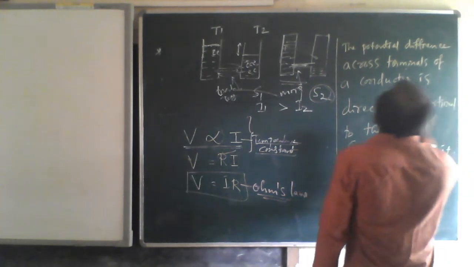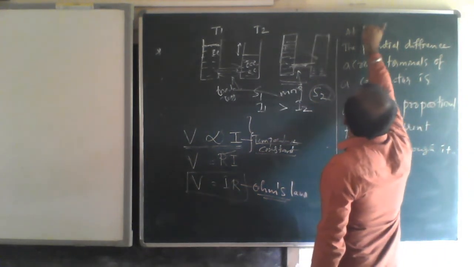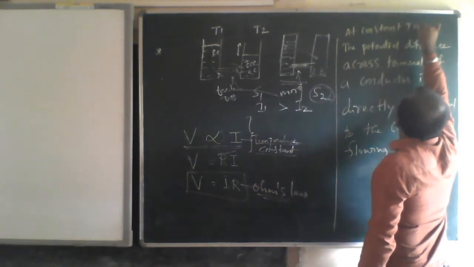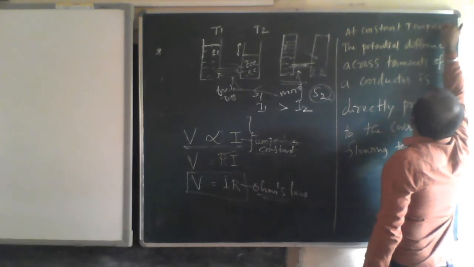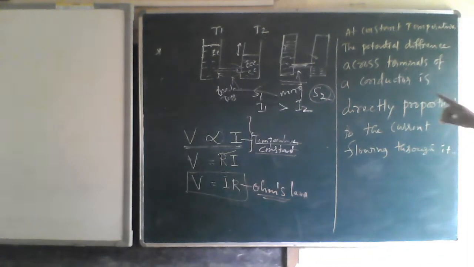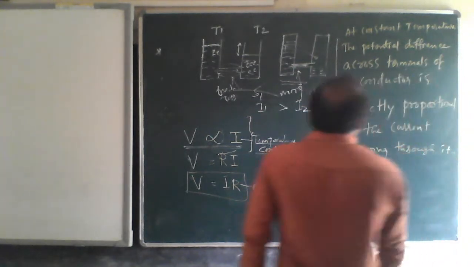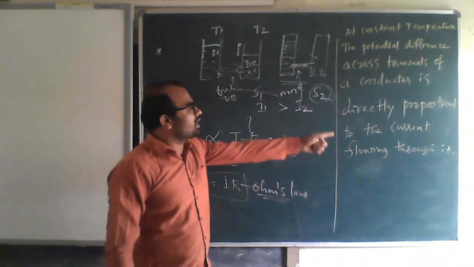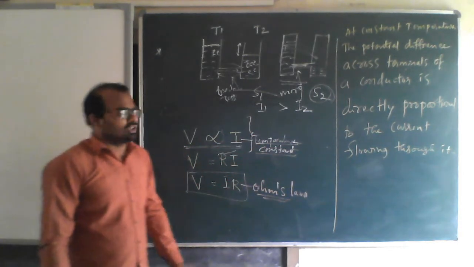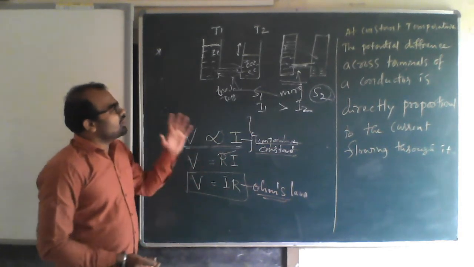Provided temperature remains constant, or you can start with at constant temperature. At constant temperature, the potential difference across terminals of a conductor is directly proportional to the current flowing through it. That means current flowing through the circuit. So this is regarding Ohm's law.